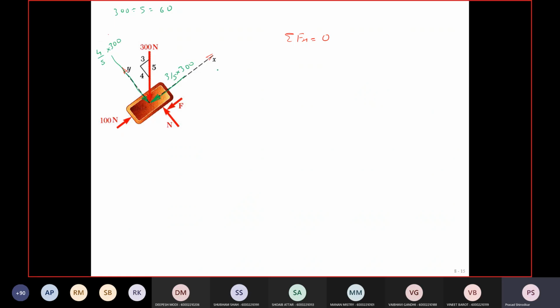What next? The applied force is up the inclined plane. The frictional force, I have assumed it is in the downward direction.